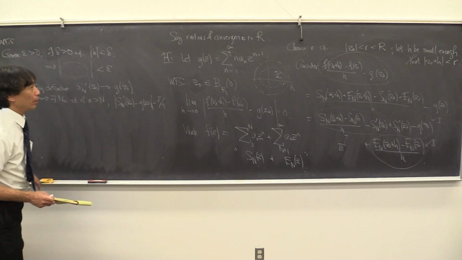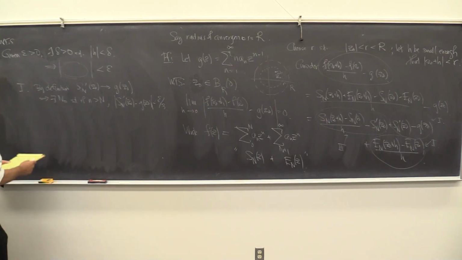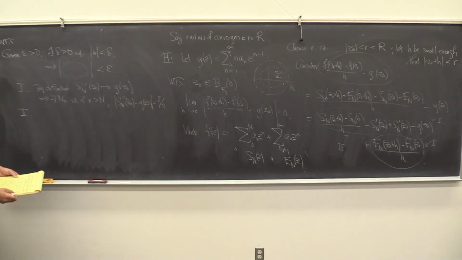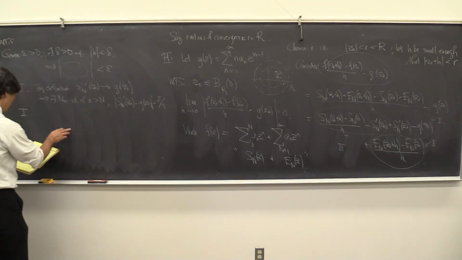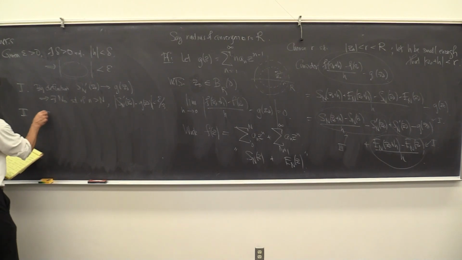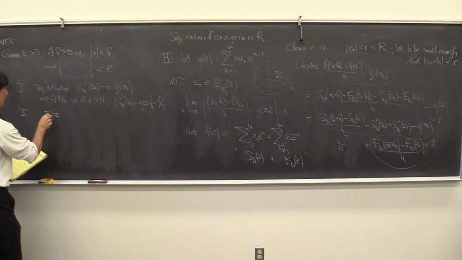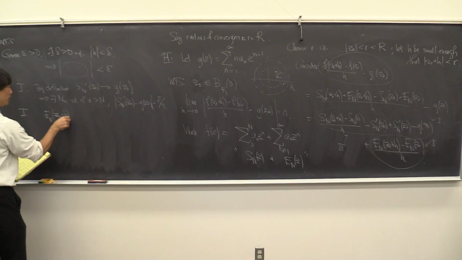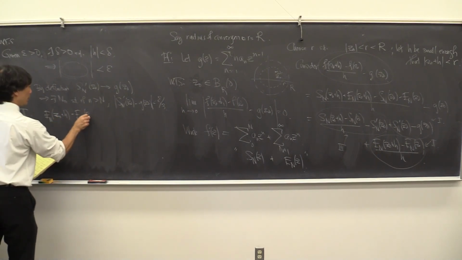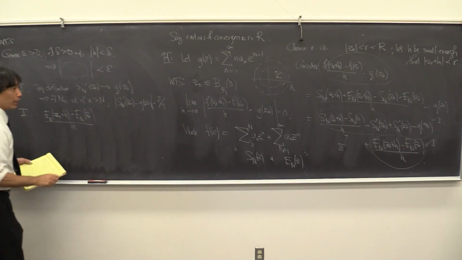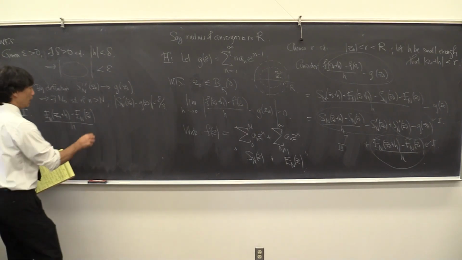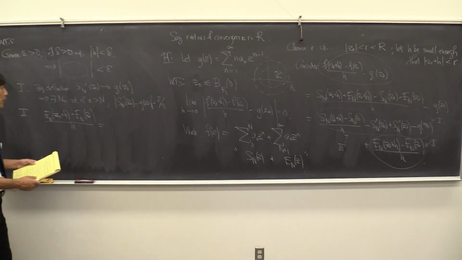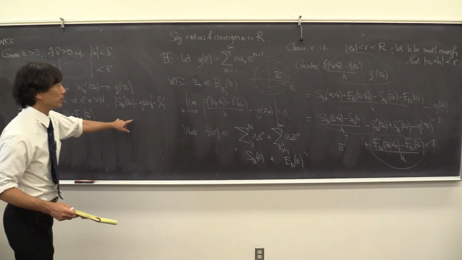Let's do part 2 next. Part 2 is the tricky part. Let's look at E sub n of z naught plus h minus E sub n of z naught, over h. Those are these tails.